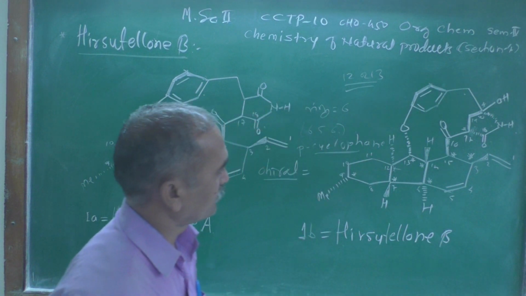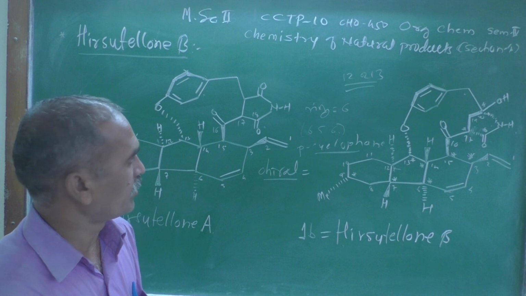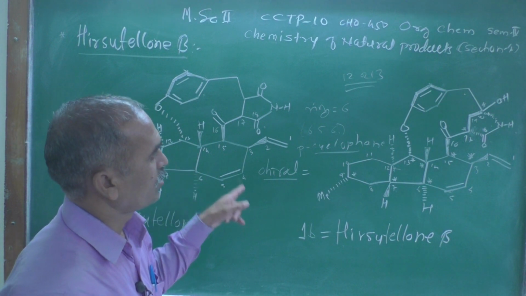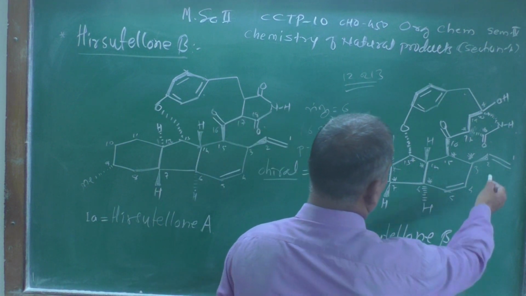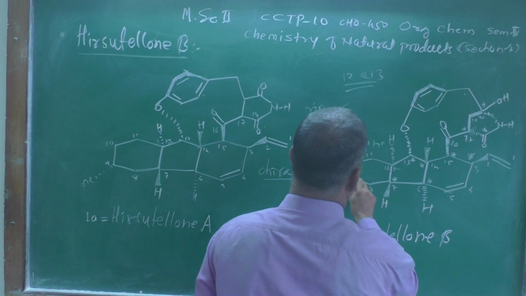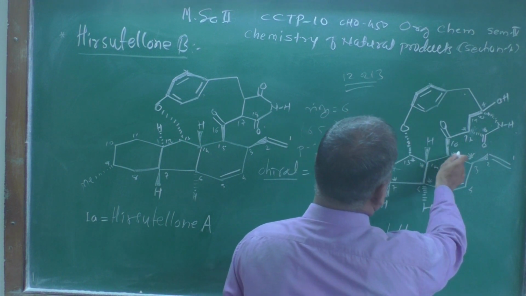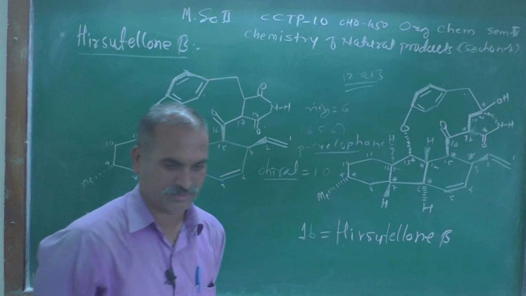Yes. If you count the labeled carbon atoms, then you will get the answer. The total number of chiral centers present over here is 1, 2, 3, 4, 5, 6, 7, 8, 9 and 10. There are 10 chiral centers.